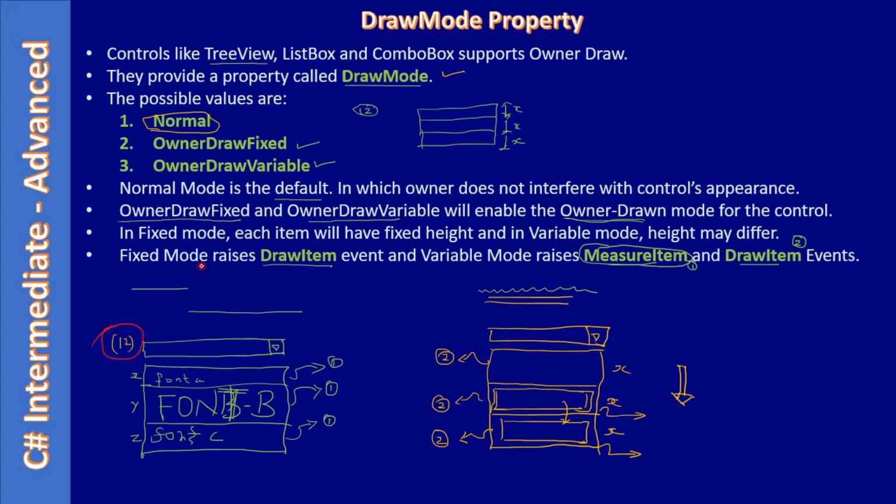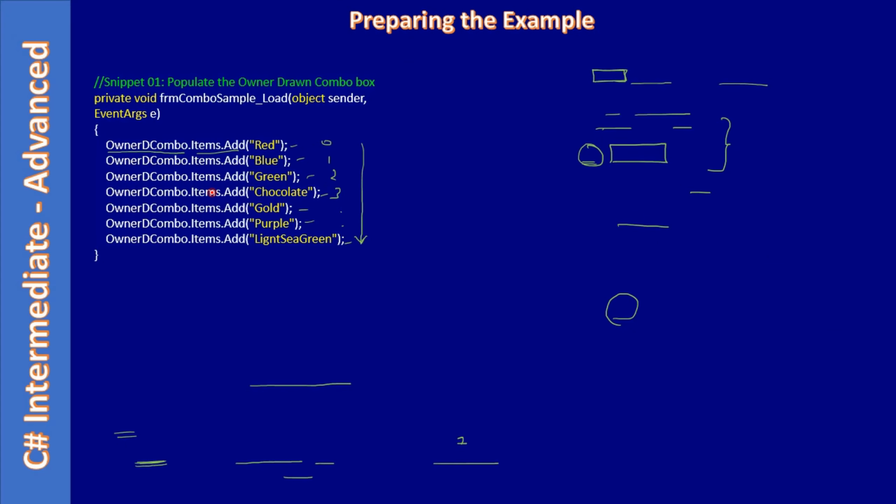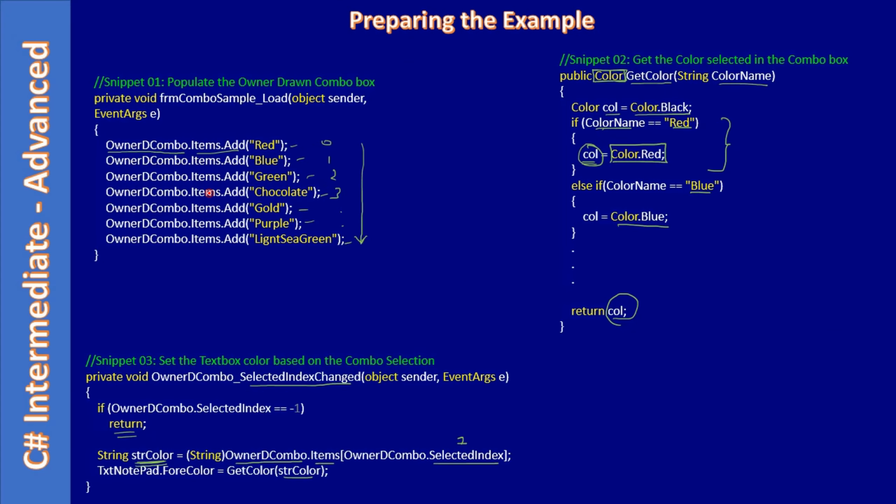Alright, so OwnerDraw fixed and OwnerDraw variable, we saw both. Then we moved on to preparing the example. We added the items in the load event. After that we wrote a utility function that takes a string name and returns a specific color object.